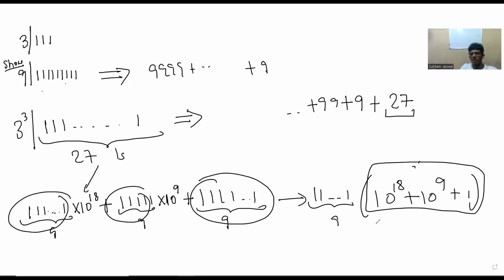Oh, okay, okay. By that reasoning you gave. Okay, nice. And so then I suppose you also understand how you can generalize: if there are k ones, then it will be divisible by 9 to the k, because you understand how you are building it, right?